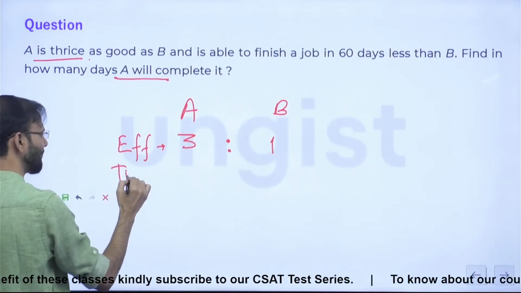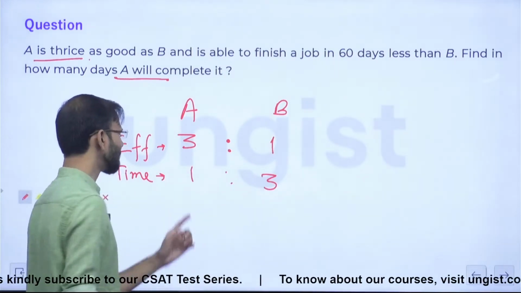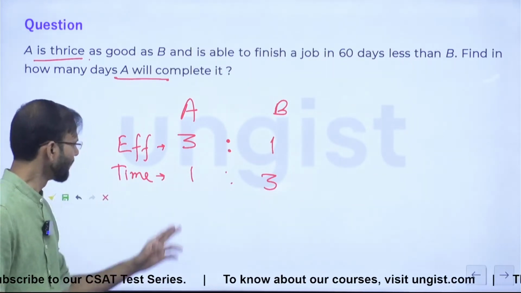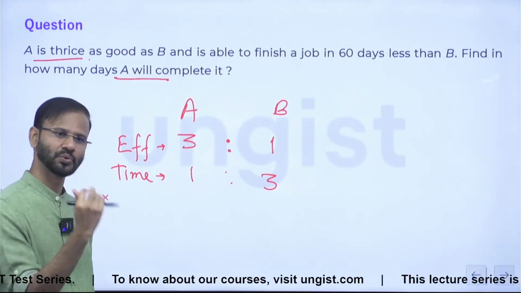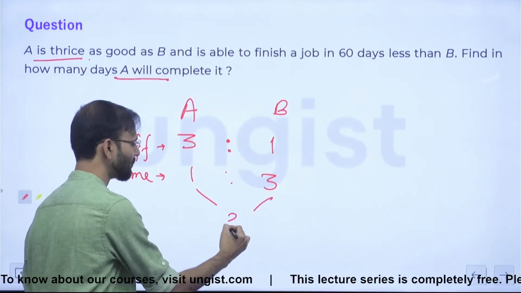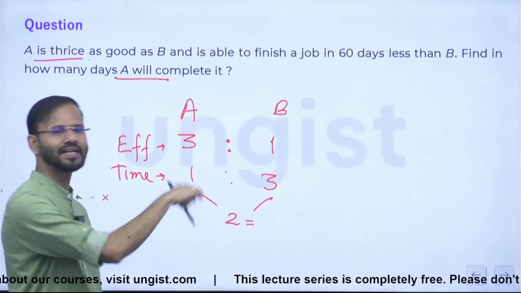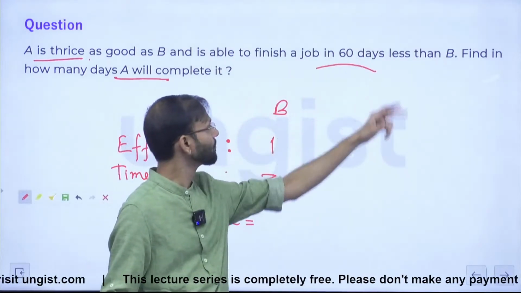So ratio of the time would be what? 1:3. Now guys, according to us, A is taking 1 unit time, B is taking 3 units time to complete the same work, which means A is taking 2 units less than B to finish that task. Right? What question is saying?